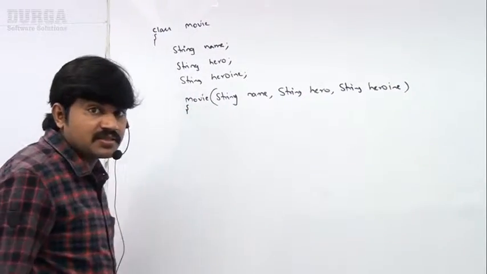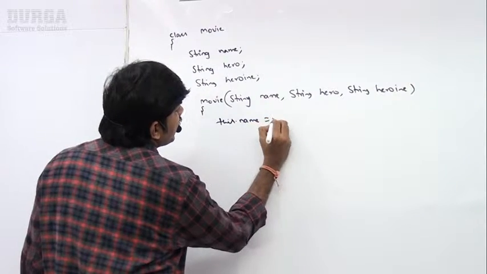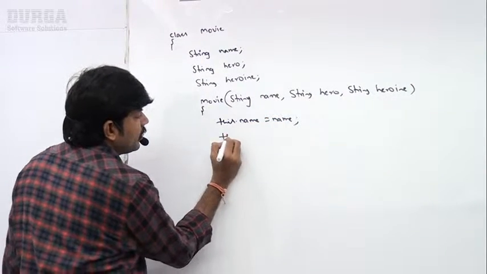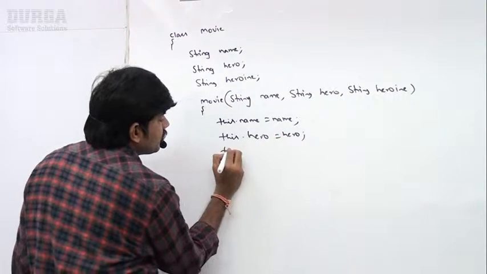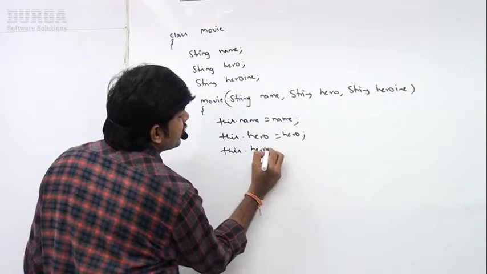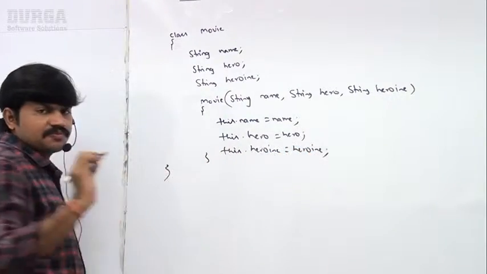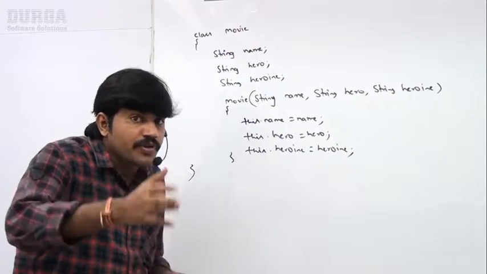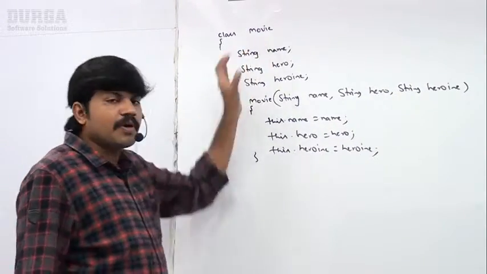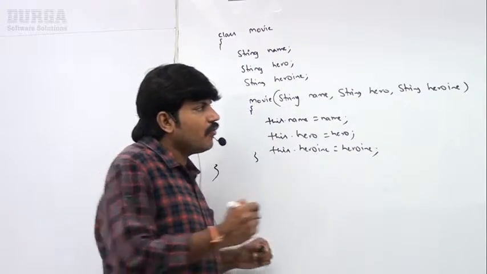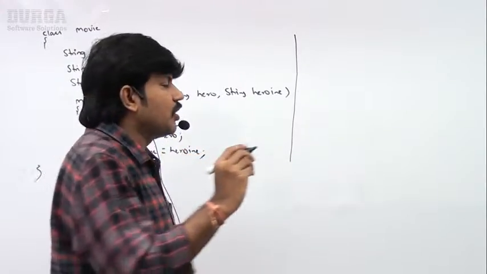Even in the last examples, multiple times we covered all this. this.name is equal to name, this.hero is equal to hero, this.heroine is equal to heroine, like this. So that's all. So if I create a movie object, then automatically, sir, these many things are available for every movie object.